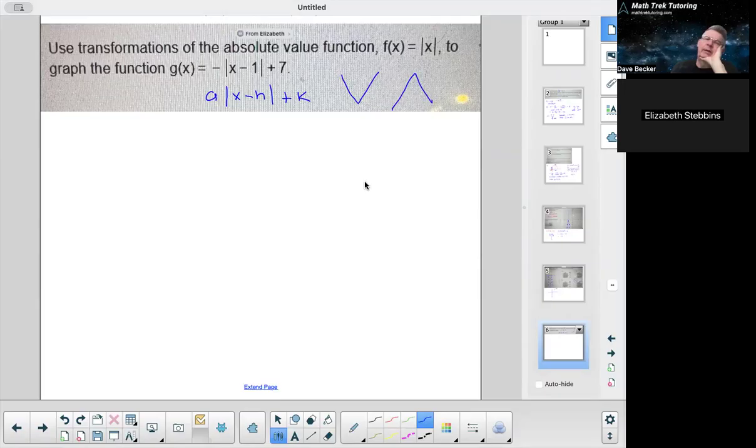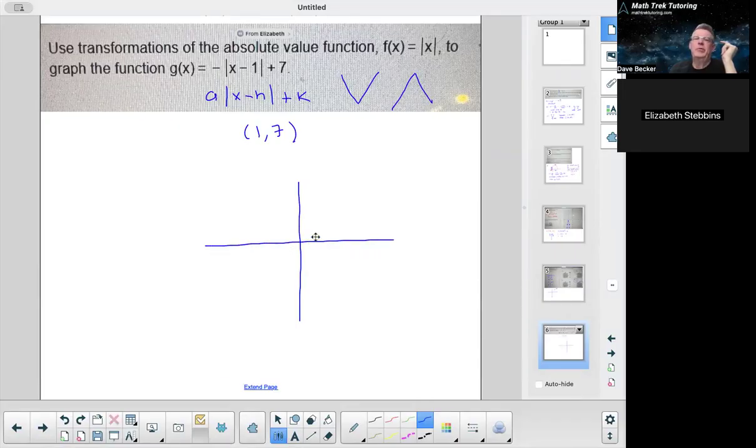So you don't necessarily have to know this, but you have to find the point in order to get credit for the graph. And so the point here would be at positive 1, 7. Is that okay? Yes.